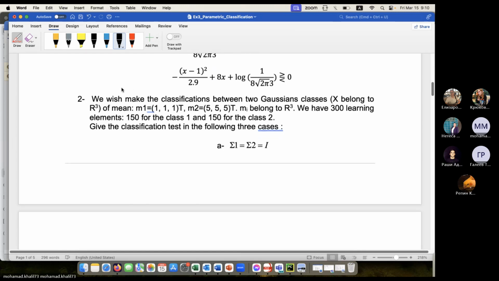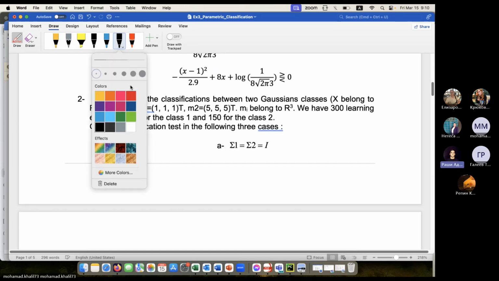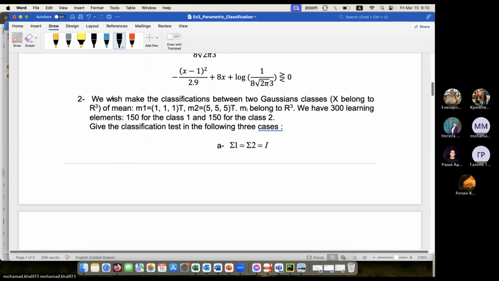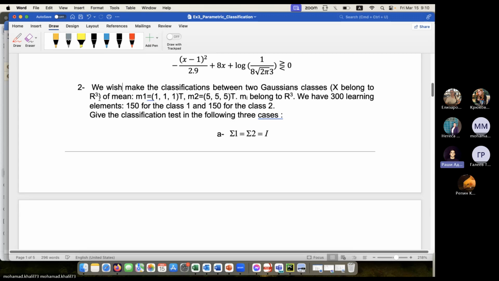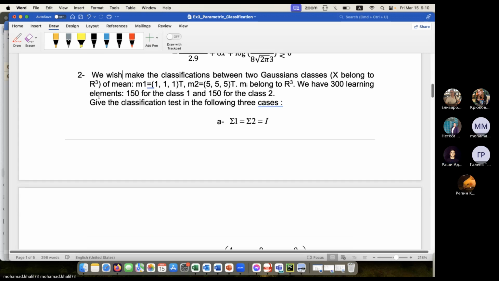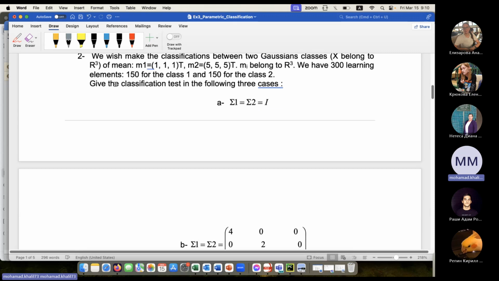So the classification test, which we have to give, is the formula for the interface. Yeah, exactly. To give the classification test means to give me the interface.